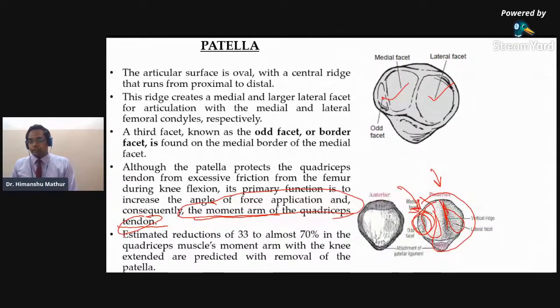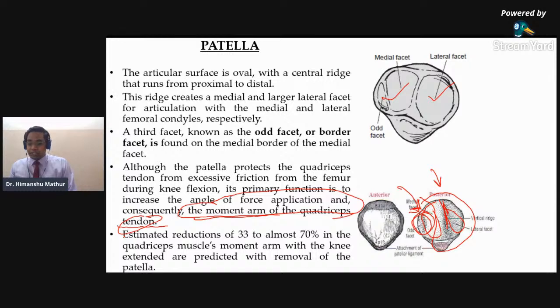Now, there is a surgery which is done after a comminuted fracture of the patella, called patellectomy. In very usual cases, the apex of the patella is removed, a very small piece of the patella. That surgical procedure is called patellectomy. Because of patellectomy, you could see disastrous changes in the force of application by the quadriceps.